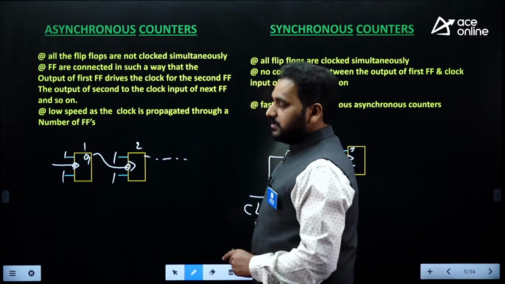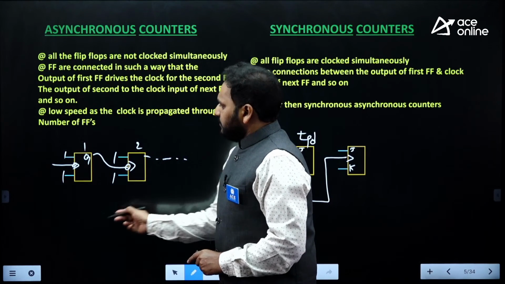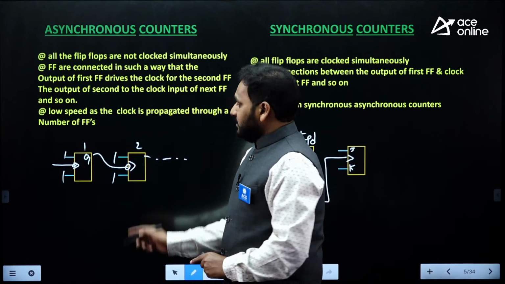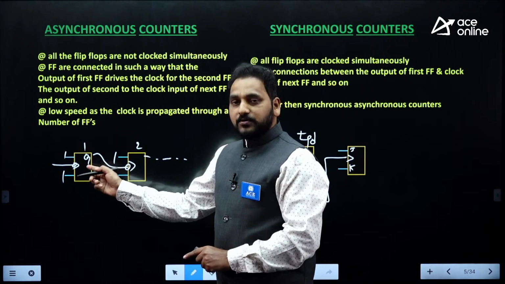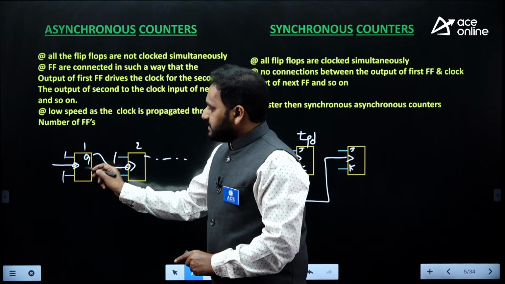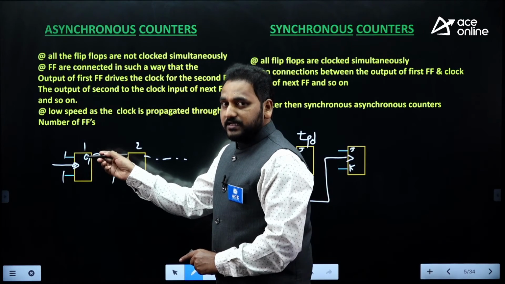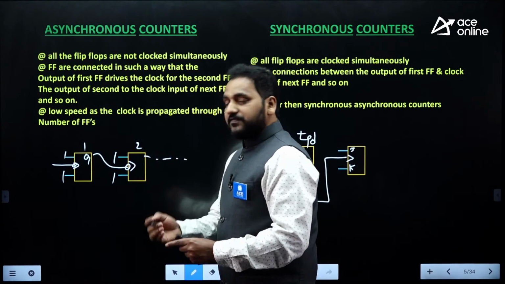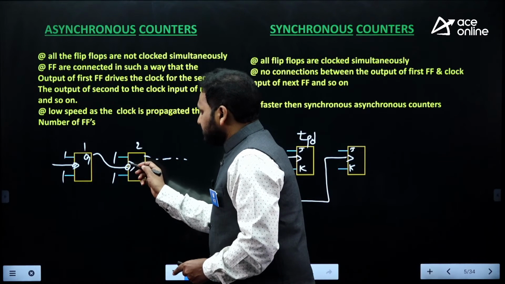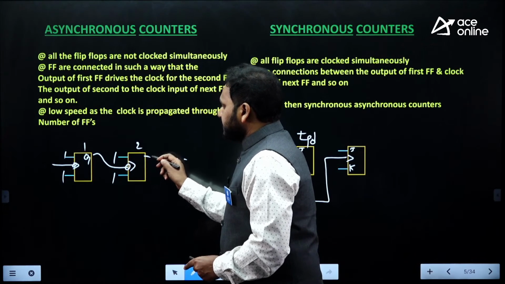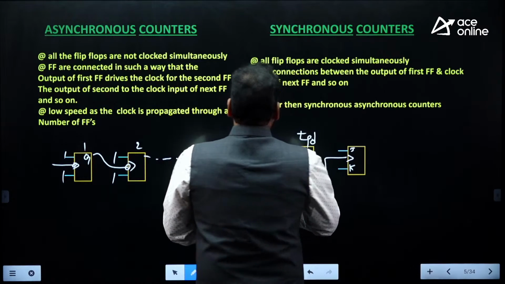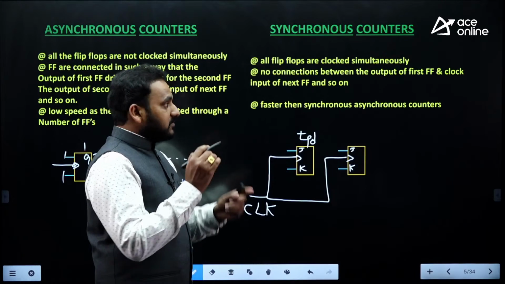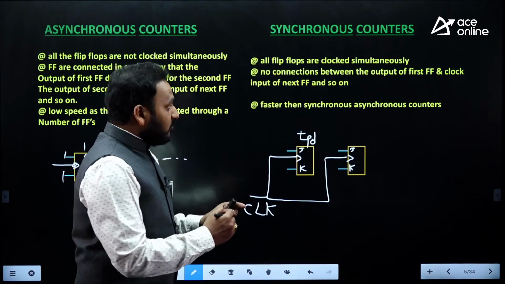So every time, even though the clock has been given by the user or clock generator, the second flip-flop has to wait for the output of the first flip-flop. The first flip-flop will take some time to update its output. After that, the second will receive the trigger. Then once the second flip-flop gets the trigger and starts its operation, again it will take some time delay. So from this basic idea, I can tell you a few important points about the design.